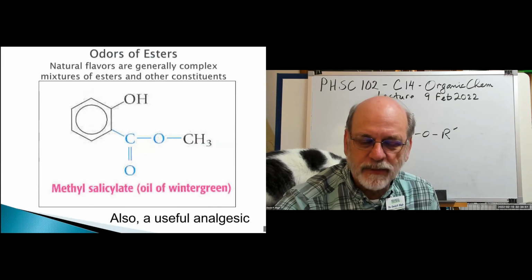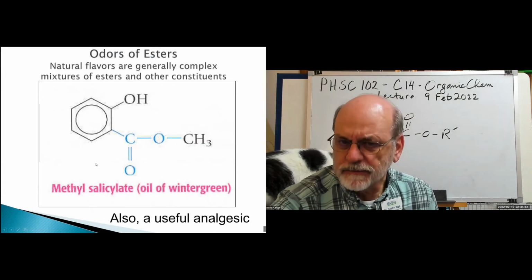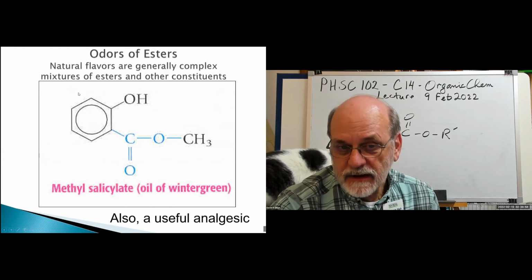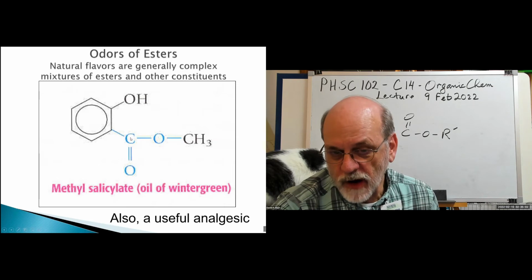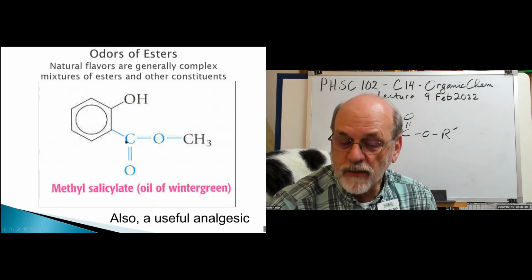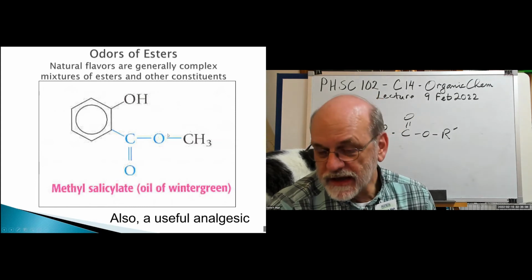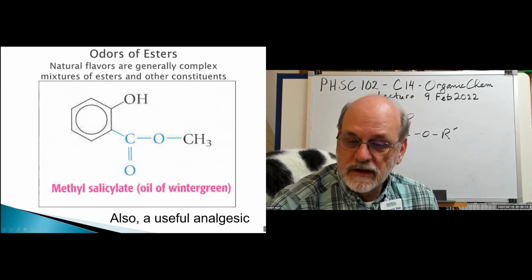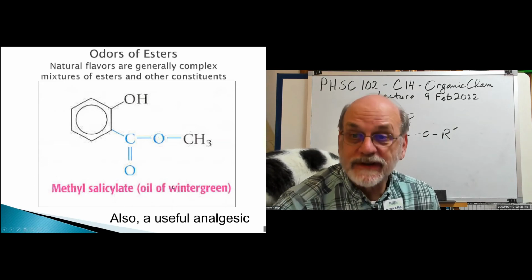Okay, so here's an example of an ester. In this case, we have this group here with a carboxylic acid on it, right? You have a benzene, you have a hydroxyl, you have a carboxylic acid on it, and we form an ester with a methyl group. This is derived from oil of wintergreen.